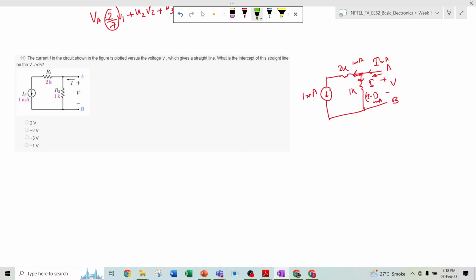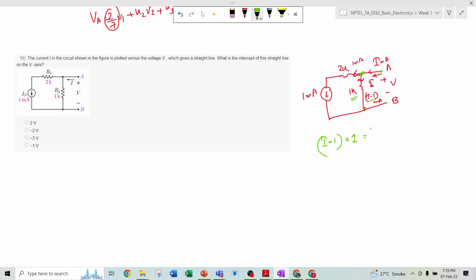So I minus 1 milliampere multiplied by 1 kilo ohm is the voltage across this point, and this voltage is nothing but V because these two are the same nodes.